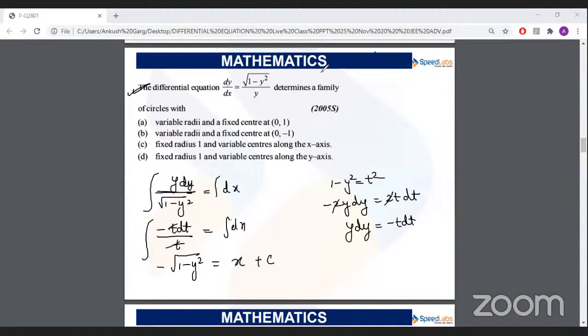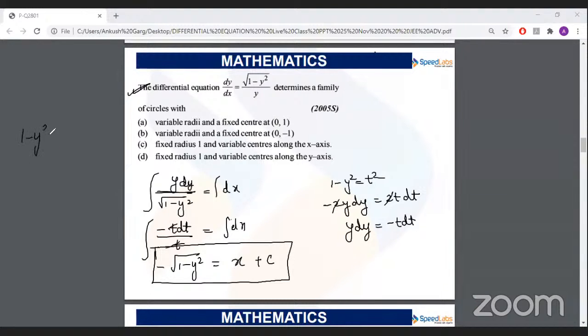Okay, and if you take this minus under root 1 minus y square on the right hand side, this will become x plus under root 1 minus y square. Or what you can do now, you can simply take the square over here only.